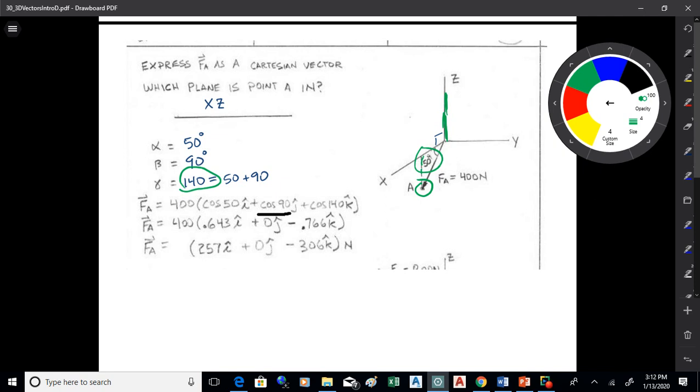It doesn't matter where it is in the xz plane; it will make a 90-degree angle with the y-axis. Once you have that, you can do cosines for alpha, beta, and gamma, the angles with the x, y, and z axes, and factor that up by the magnitude of 400. So, we all right with that? Questions? Good. All right.